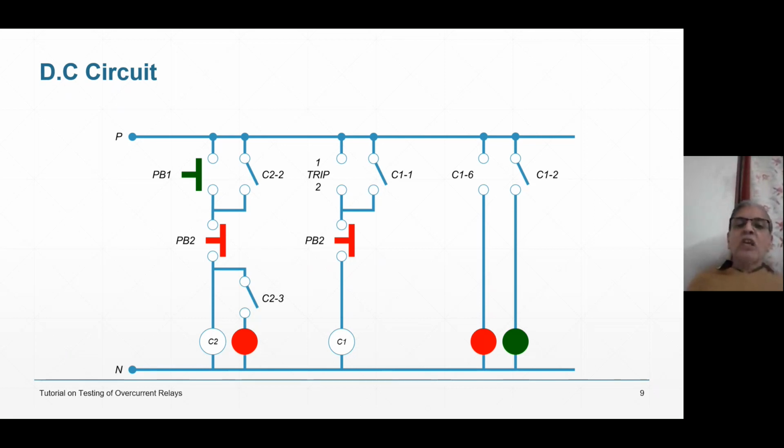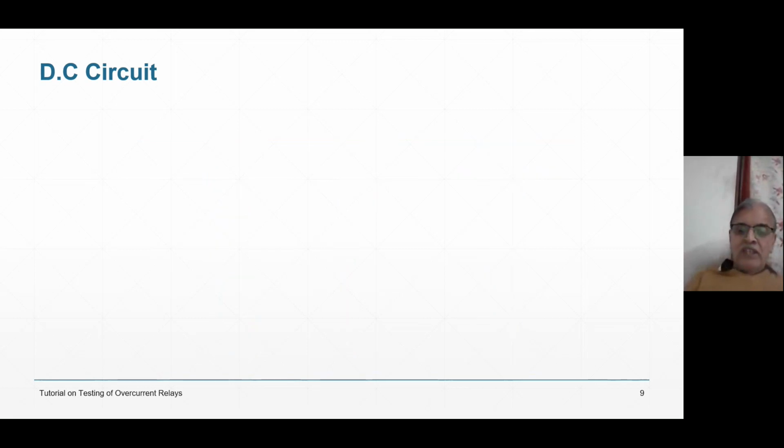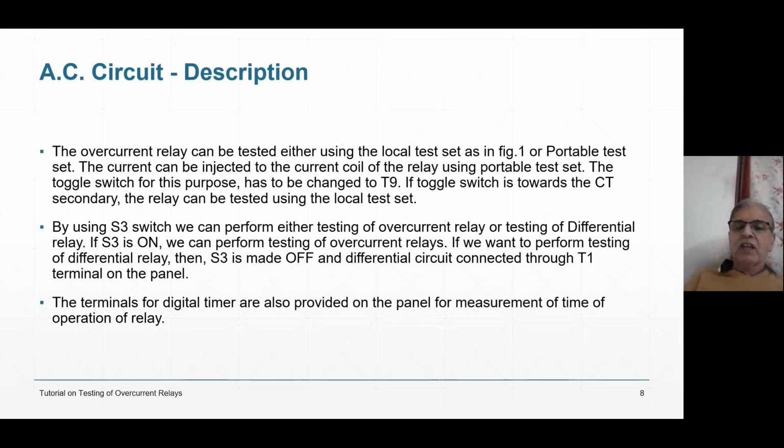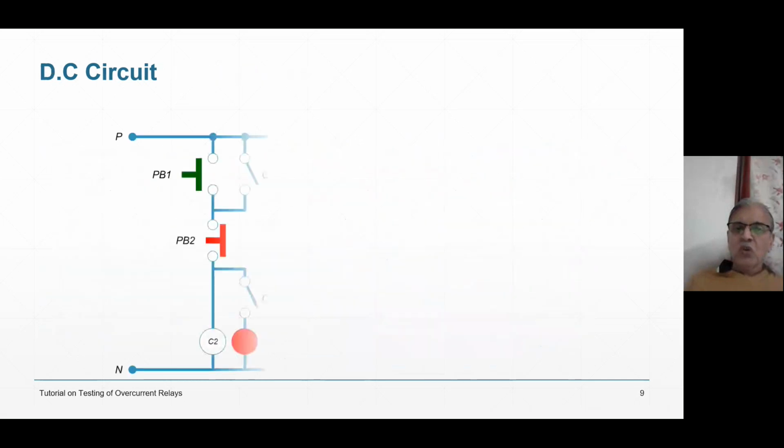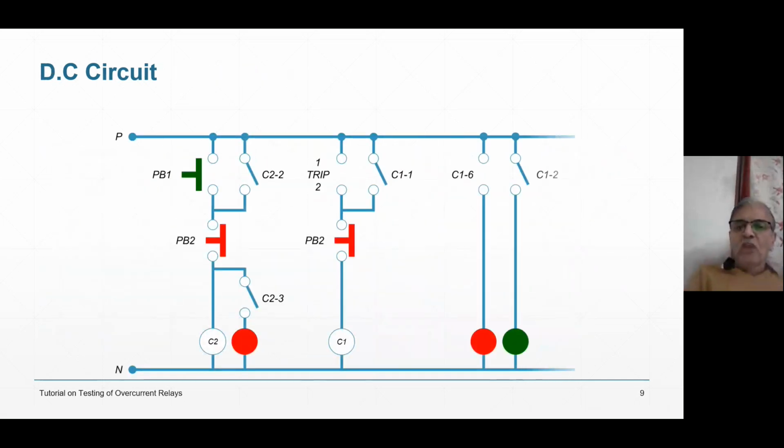But if you do not, because the current is more than the plug setting, the relay will operate and issue a trip signal, 1 and 2. That means 1 and 2 will close. Once 1 and 2 close, since PB2 is an NC button, C1 will be energized.